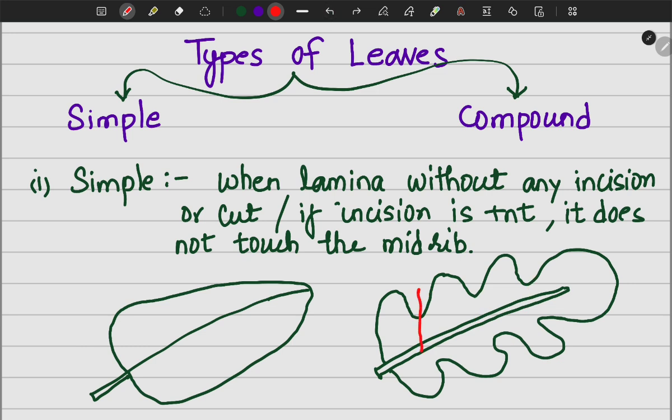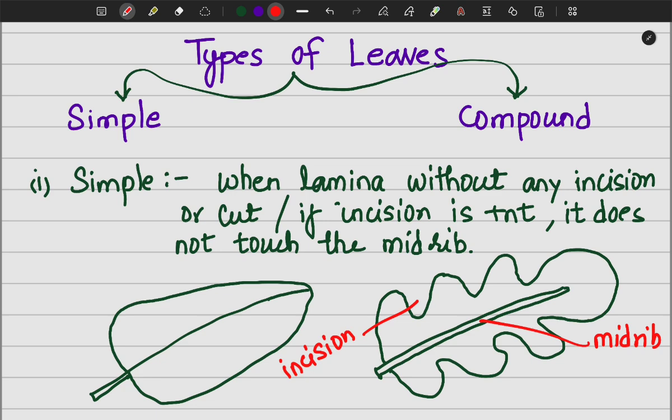It is away from the midrib. This is a natural incision. We are not making any incision or cut on the leaf. So if such kind of incision is present on the lamina which does not touch the midrib, this is the midrib, then that kind of leaf will be called a simple leaf. Alright, I hope this is clear.